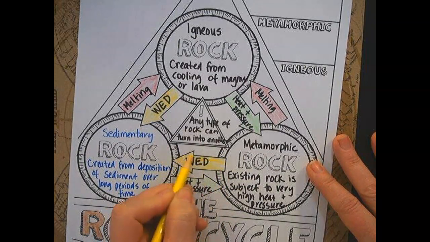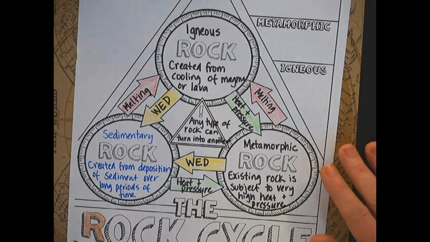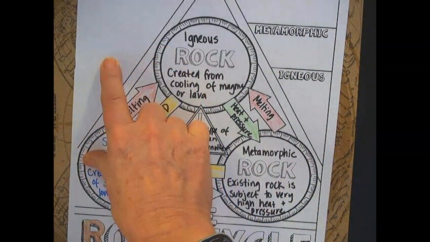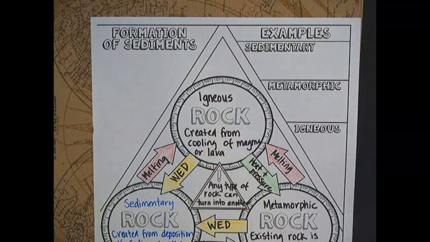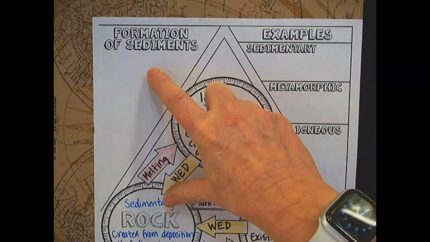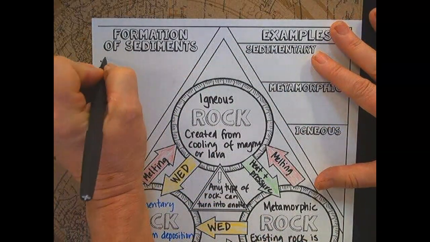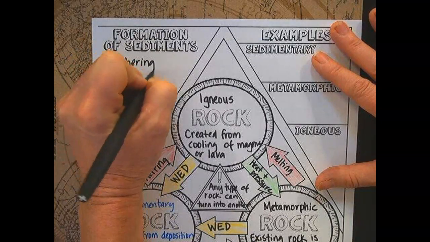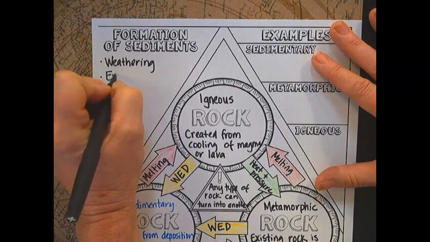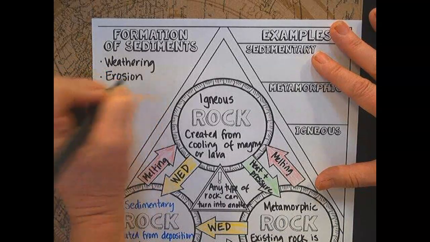All right. So let's remind ourselves up here, there's lots of ways that we can form sediment. You can think to yourself, how do we form sediment? Well, we can weather it, whether that's chemical or mechanical weathering. We know that erosion can form sediments.